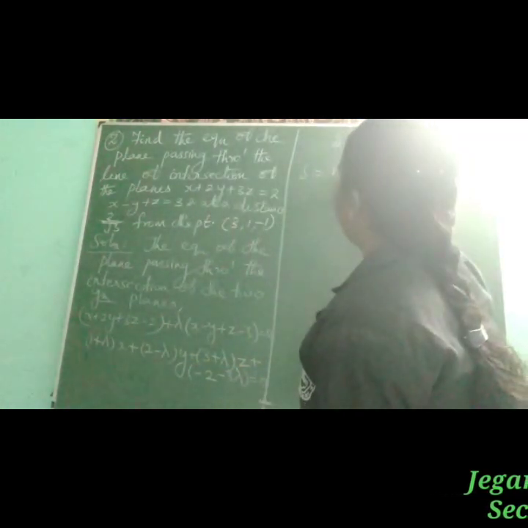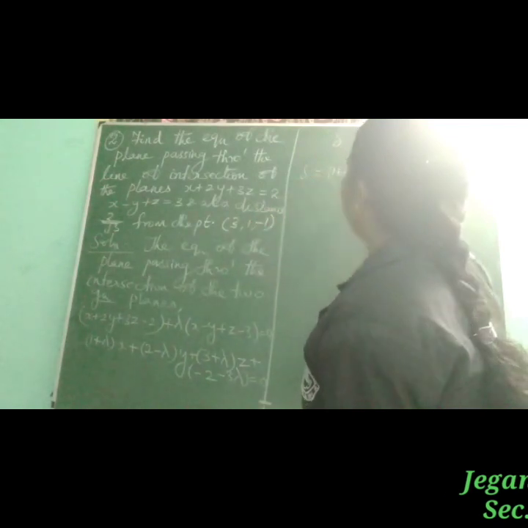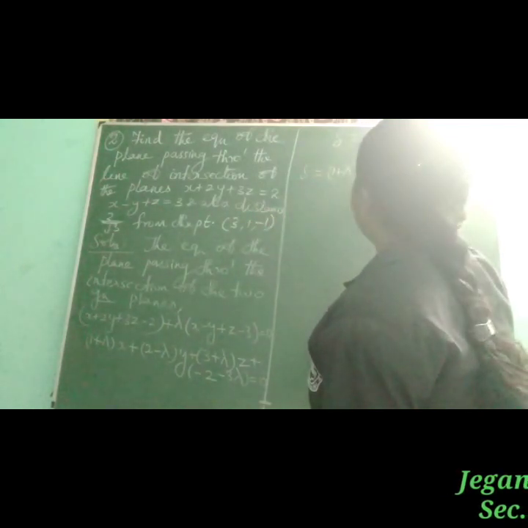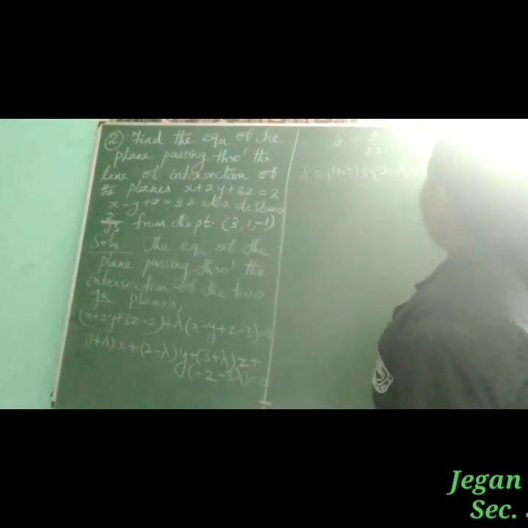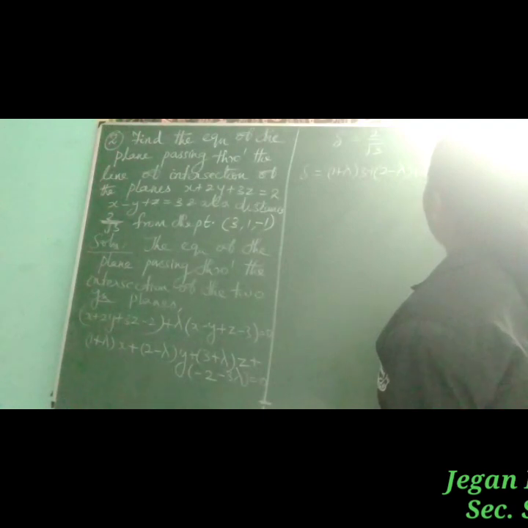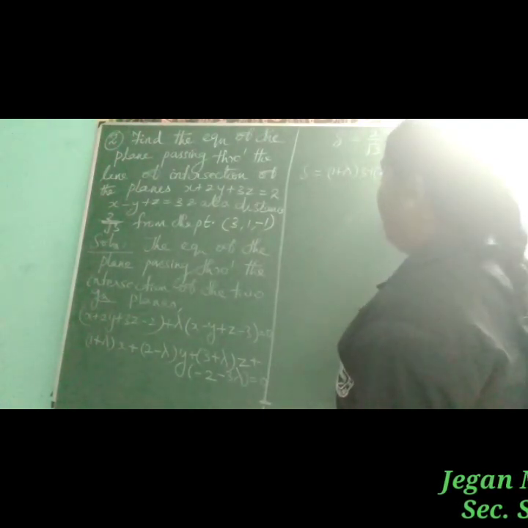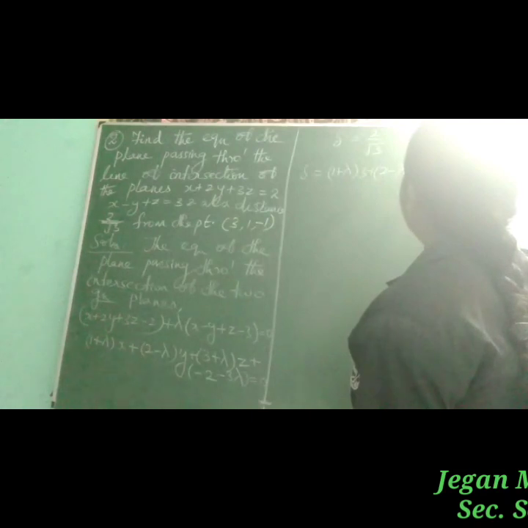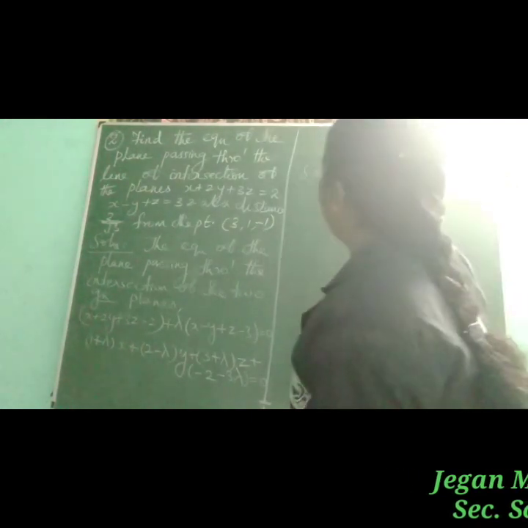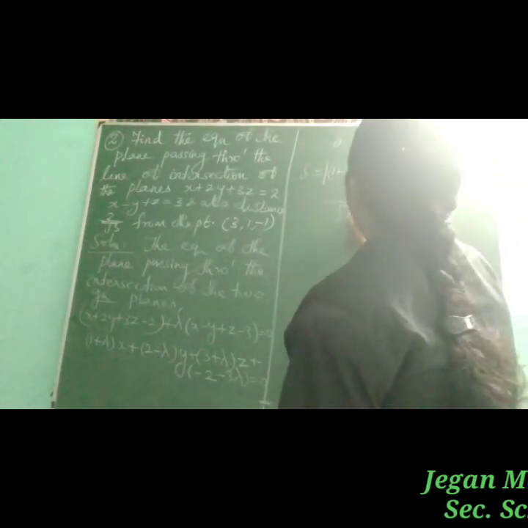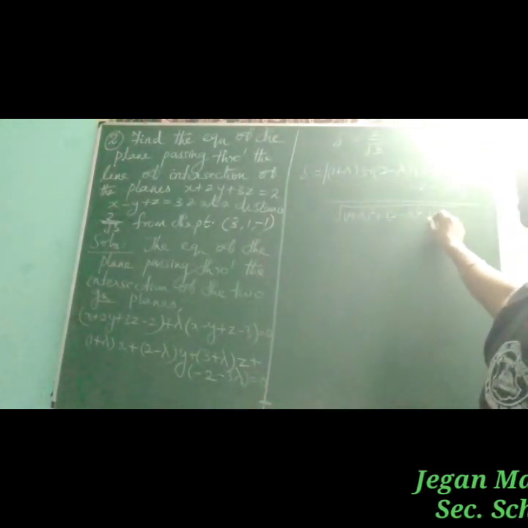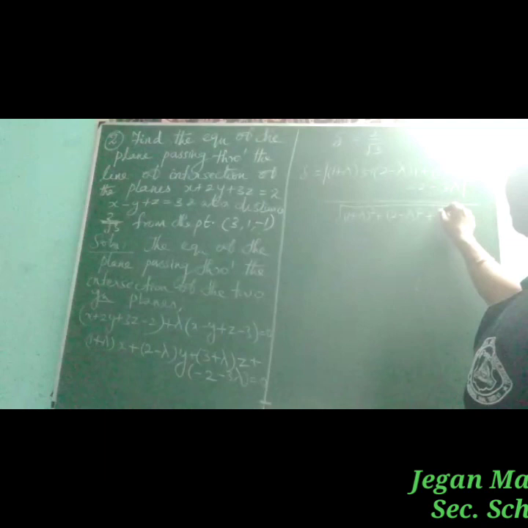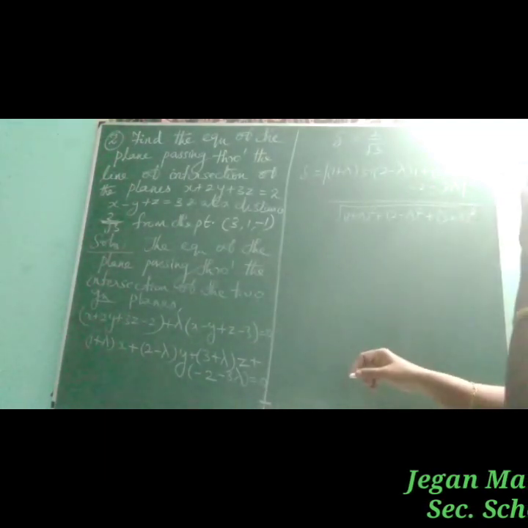So you can write 1 plus lambda into 3 plus 2 minus lambda into 1 plus 3 plus lambda into minus 1 minus 2 minus 3 lambda, equal to the modulus of this divided by root of 1 plus lambda the whole square, 2 minus lambda the whole square, plus 3 plus lambda the whole square.